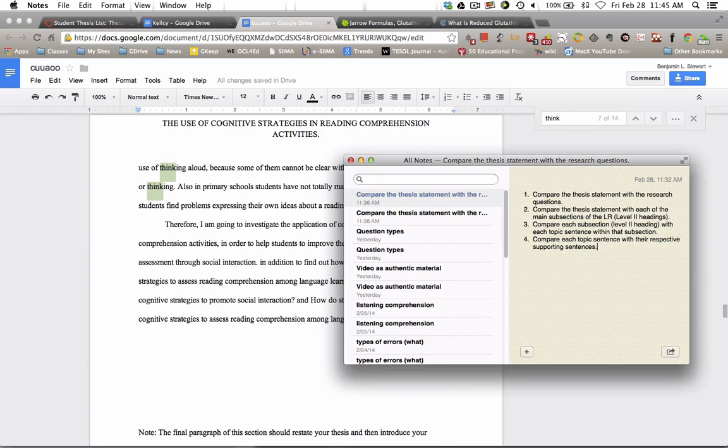That's the main thing. Is the title important at this point? No, don't worry about the title. Don't worry about the introduction, just the thesis statement, which will be at the end of your introduction, and your research questions. Make sure that those are aligned. So try to focus a lot on that.